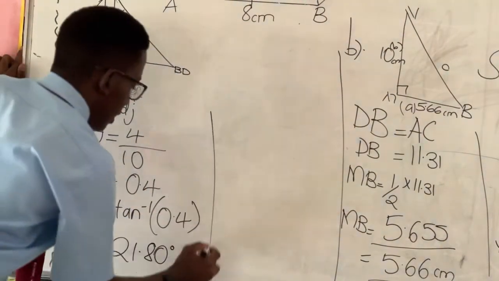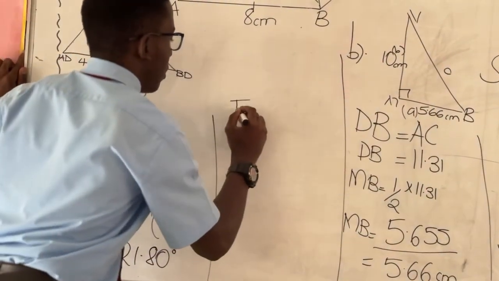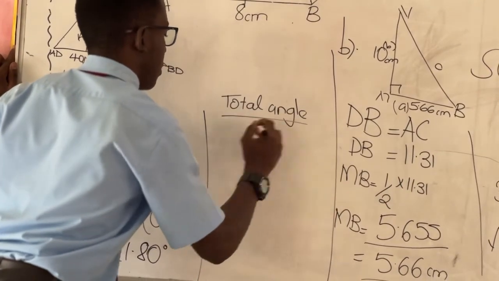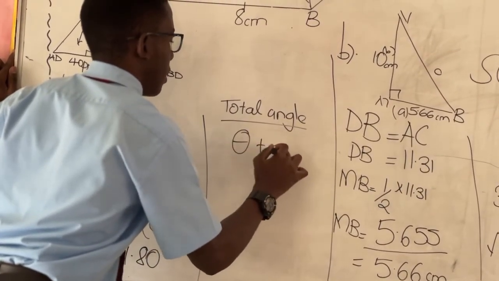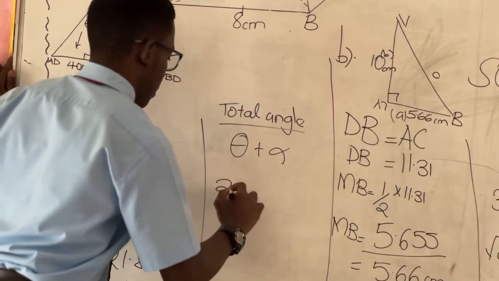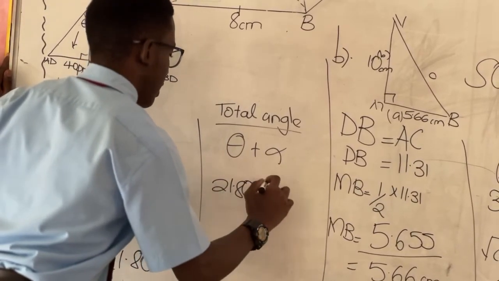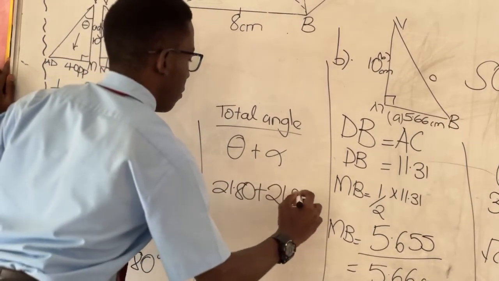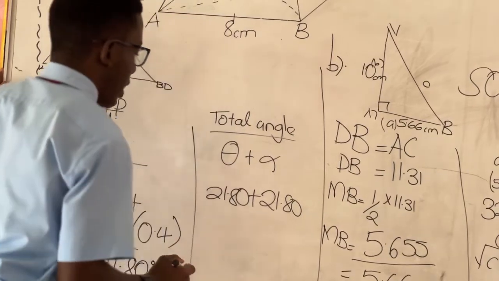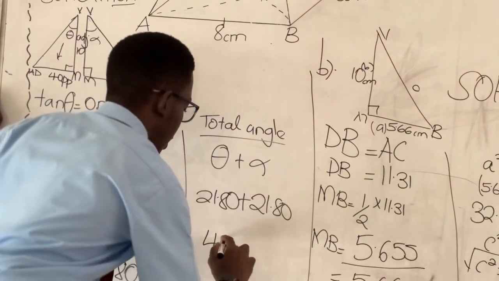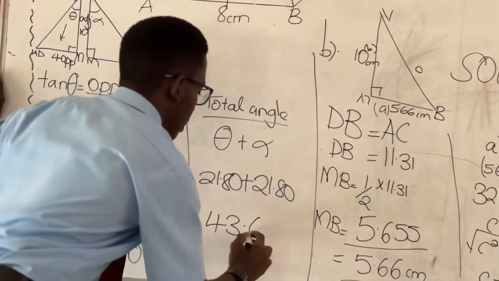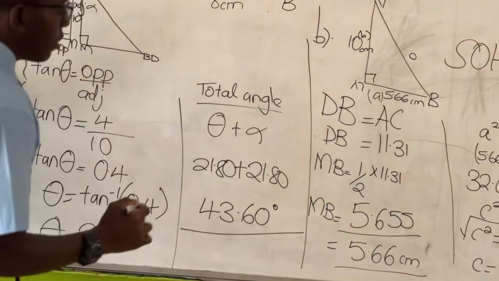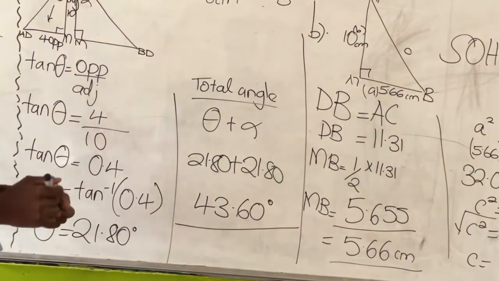But like I said, the total angle is going to be theta plus alpha, which is 21.80 plus 21.80, because they are equal. So I'm going to come here and say 43.60 degrees.